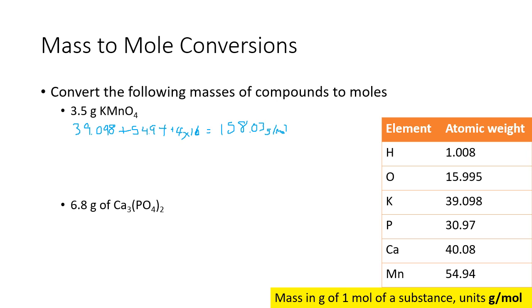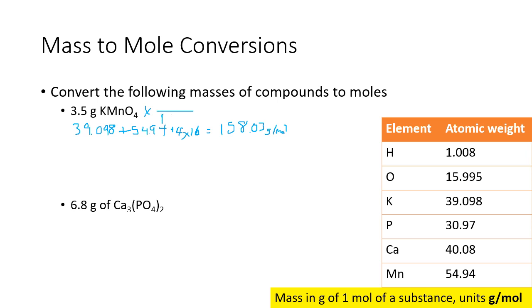Okay, now we can take that and use it like a conversion factor. We have 158.03 grams in 1 mole of the substance. Those values are equal. Okay, so if we're using it as a conversion factor, we have grams on the top here, so we want grams in the bottom here.